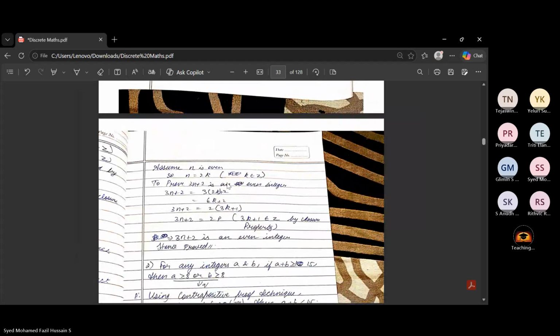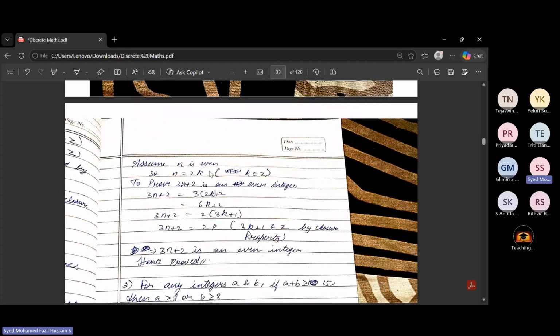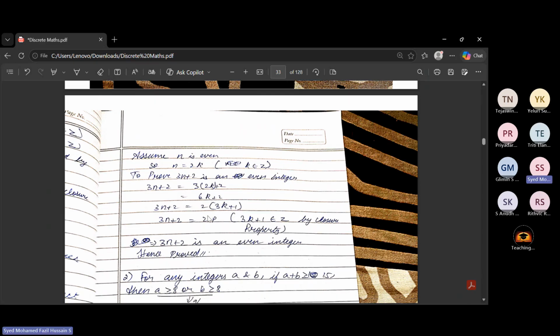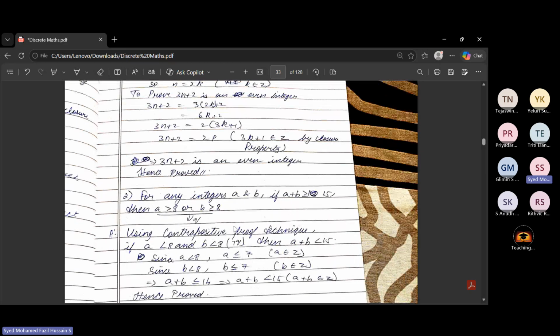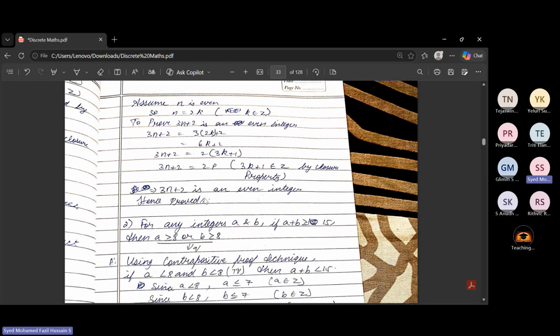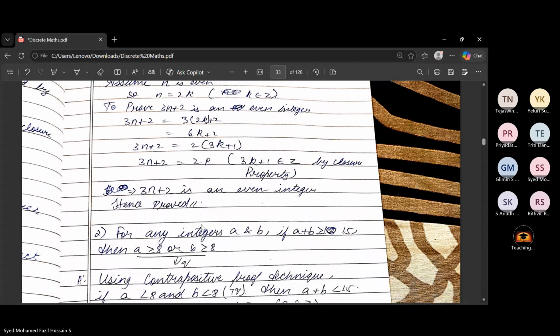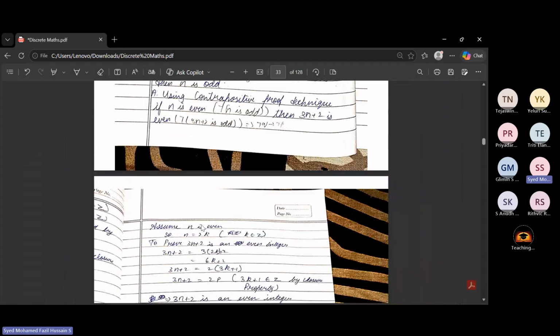Assume n is even, so n is equal to 2k. So 3 into 2k, which is 6k plus 2, is 2 into (3k plus 1), 2 into an integer, which is even. So the statement is proved here, as you can see. Therefore, we have proved that statement.